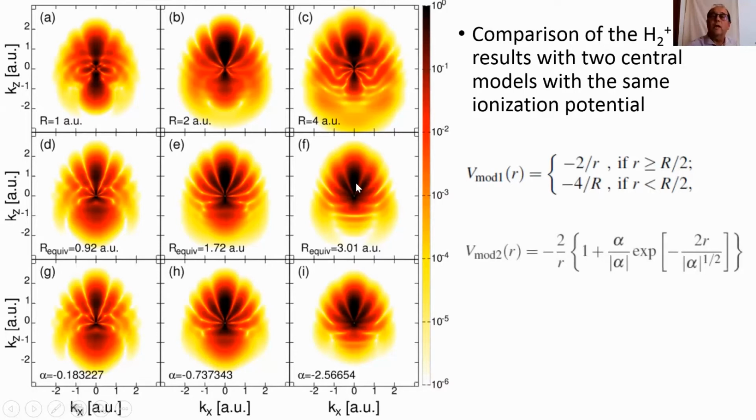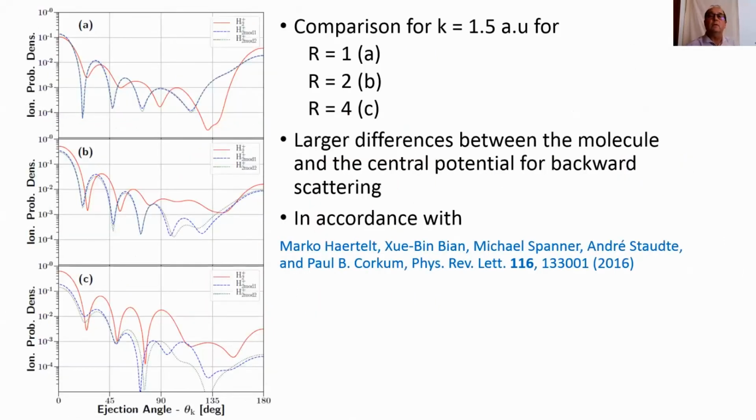In order to analyze in more detail these differences, we have represented again the ionization probability density as a function of ejection angle for a fixed momentum 1.5. And we have made this representation for three internuclear distances, 1, 2, and 4 atomic units.